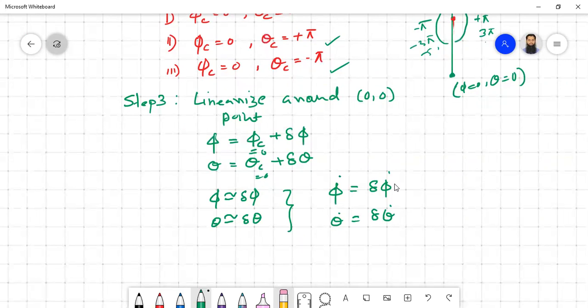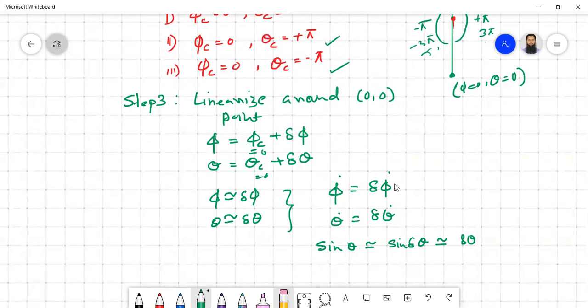Now we also have to find the linearized version of sine theta. If you go for the Taylor series expansion, sine theta approximately, first of all theta has to be replaced by del theta. Then according to the Taylor series expansion and just considering the linear component, sine del theta will be del theta approximately.